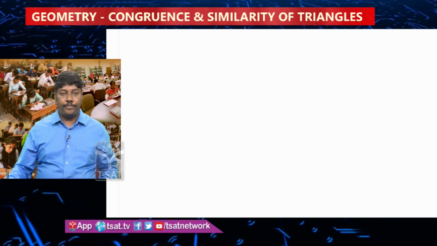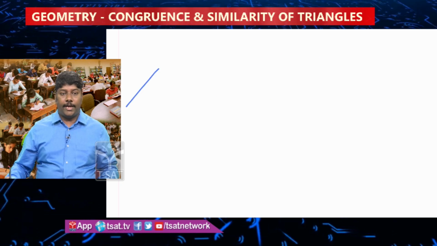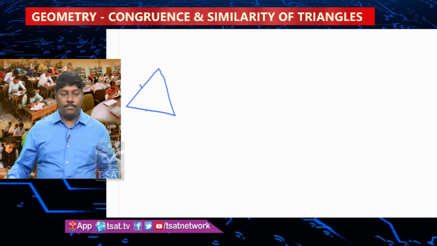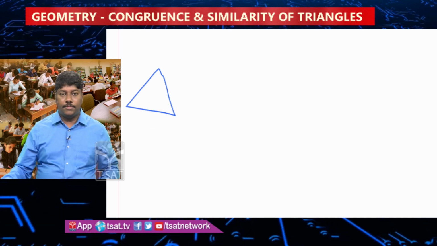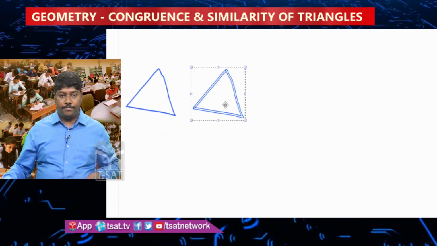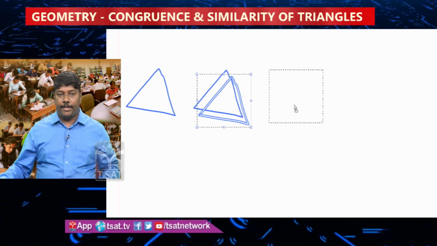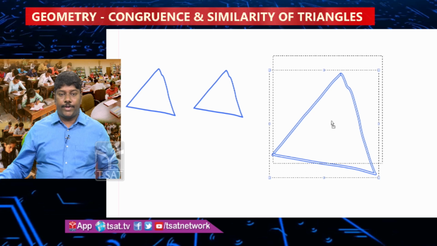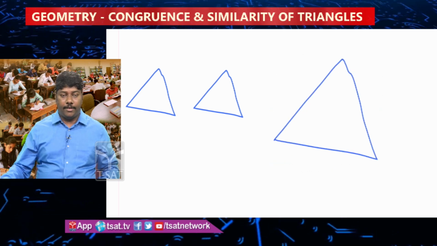See here, I'm just drawing a random triangle. Let's say 1, this is just a random triangle. Taking the same triangle here, I magnified this triangle, but I have not changed the shape of the triangle.